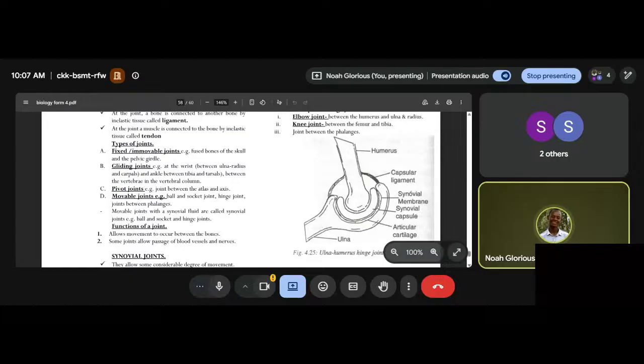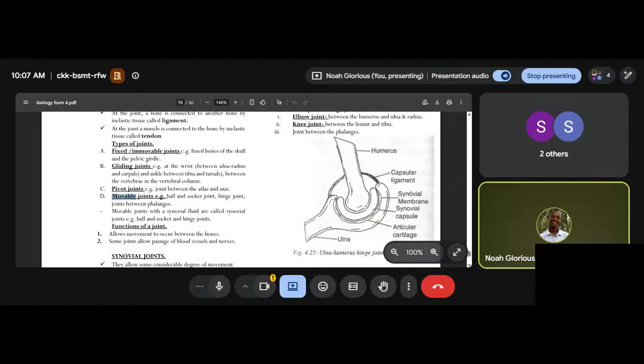And finally, we have what we call the movable joints. We have various examples. One example is the ball and socket joint. Another one is the hinge joint. And the other one is joints at the fingers. Movable is the opposite of immovable. It means the bones can now move differently.